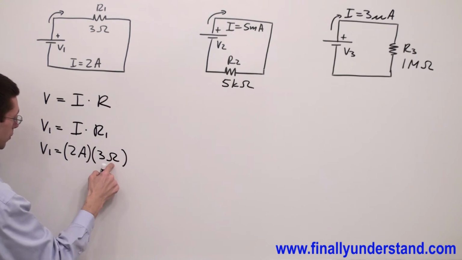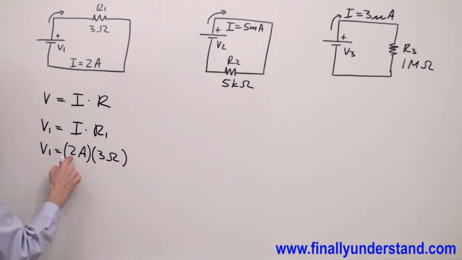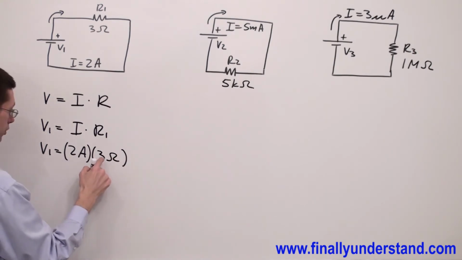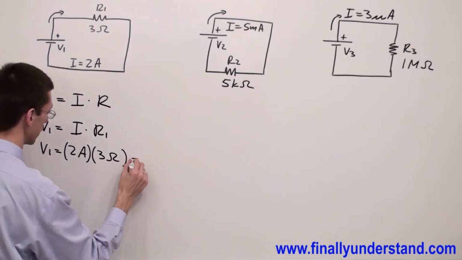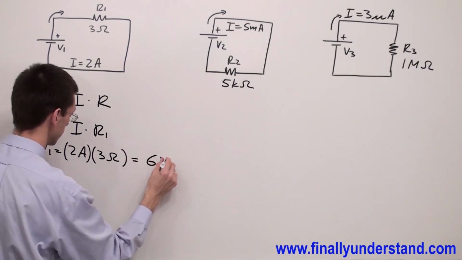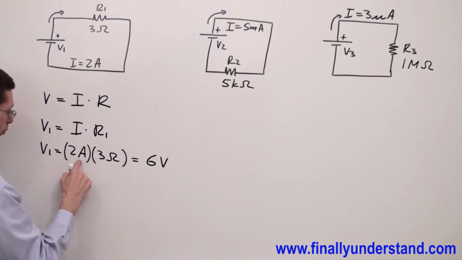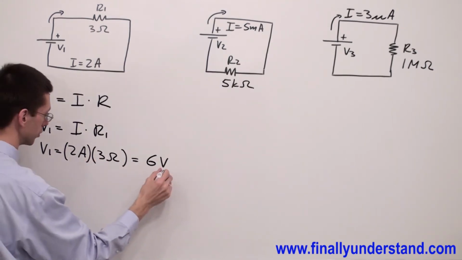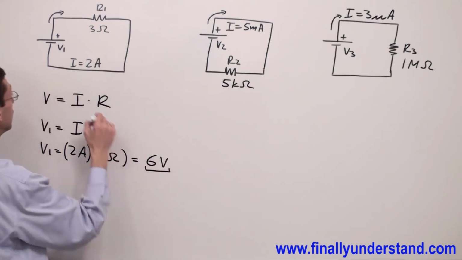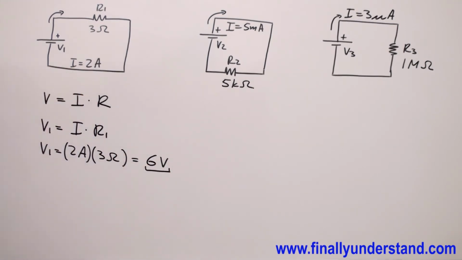Also, you have to enter ohm. 2 amps times 3 ohms is equal to 6 volts. 2 times 3 is equal to 6. Amp times ohm is equal to volt. This is the value of my voltage source V1.